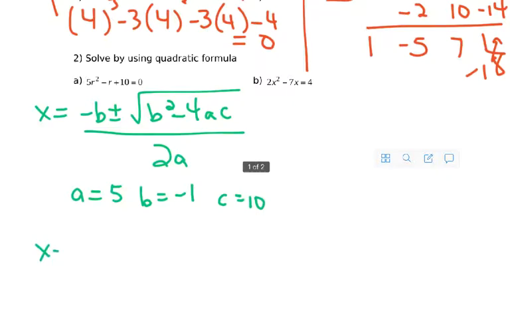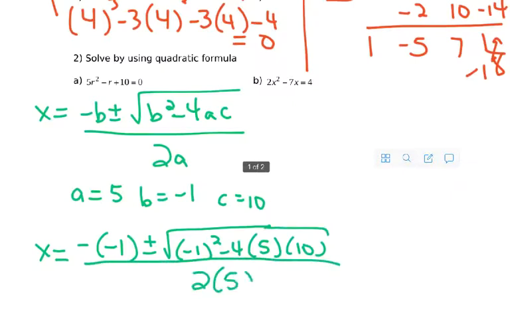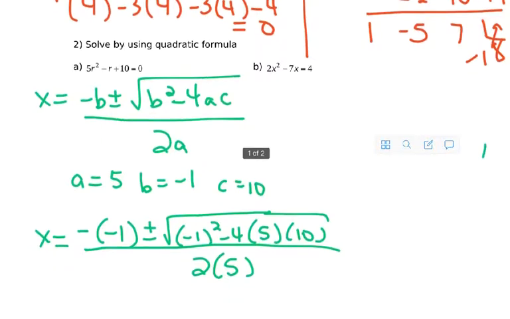So x is equal to the opposite of b plus or minus the square root of b squared minus 4ac all over 2a. I like to simplify this problem in parts.